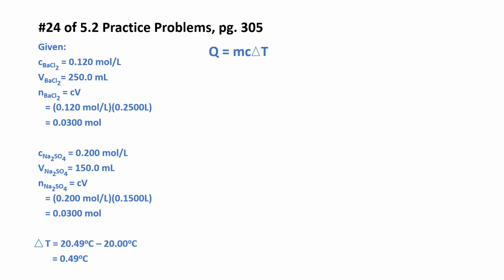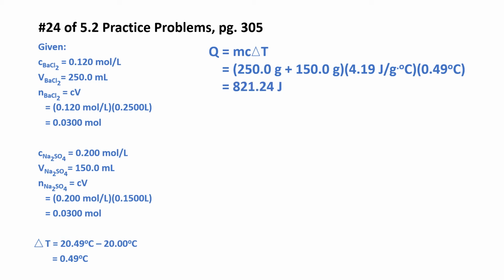So 250 plus 150 mL would be the same as 250 grams plus 150 grams to make your total mass. And then you'll also use your specific heat capacity of water. So that is where you get the mass from. You're adding basically the volumes, but you're converting them to grams. And you're doing your specific heat capacity of water times that temperature change.